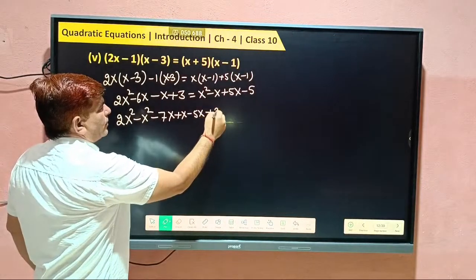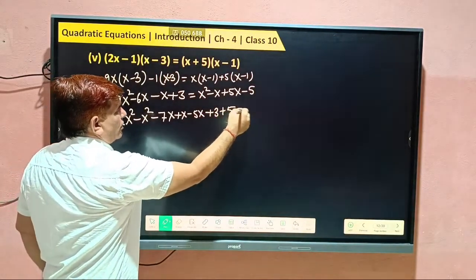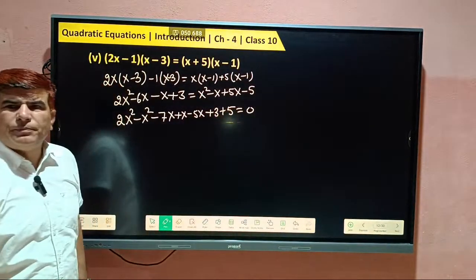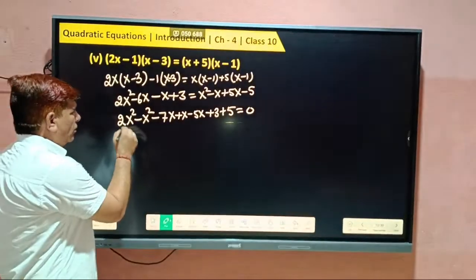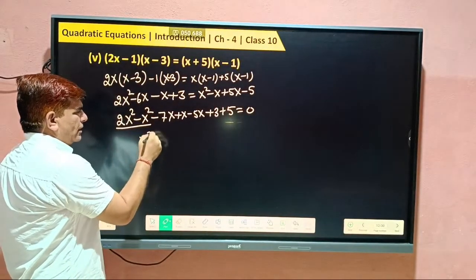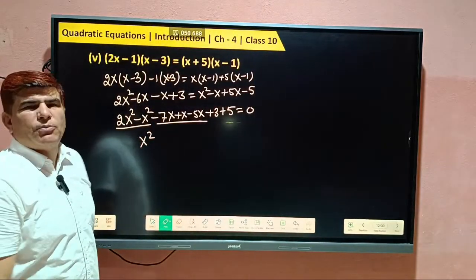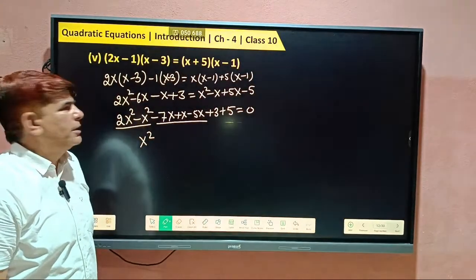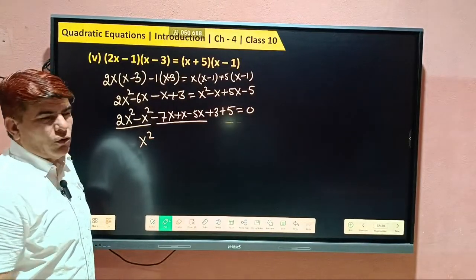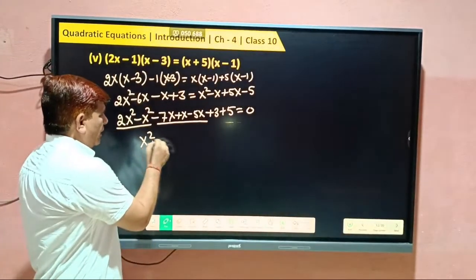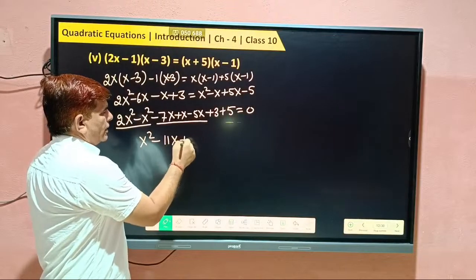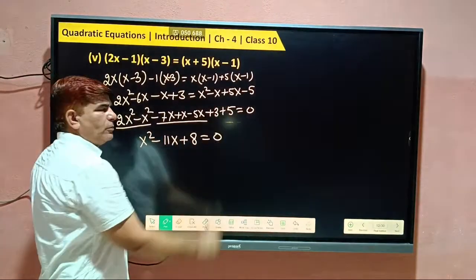Plus 3 plus 5 is equal to what? 0. Easy, you can calculate. If you operate x square, minus 7x, minus 5x, minus 12x, and plus 1 of plus x, so minus 11x plus 8 equal to 0.